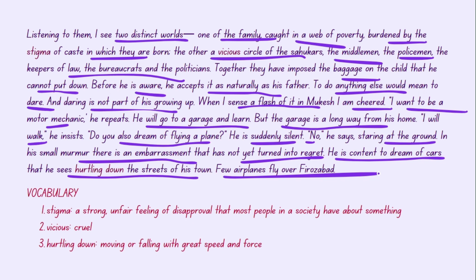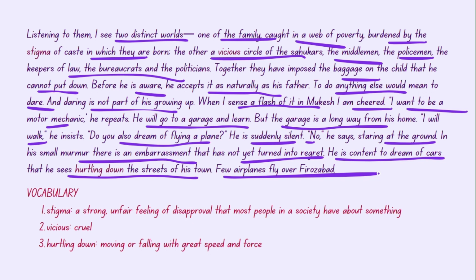So he has to go to a garage to learn, but that garage is very far away from his home, both physically and metaphorically, because he says that he will walk. Physically, that tells us that the garage could be a place very far away from his home.